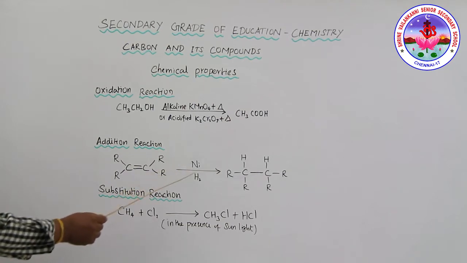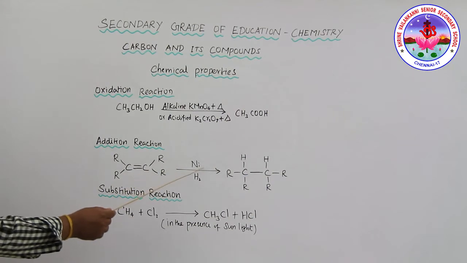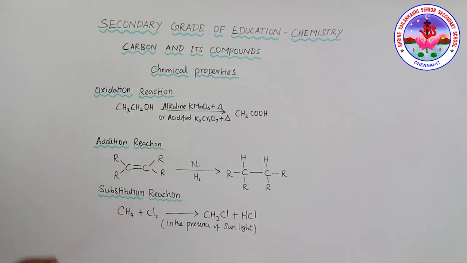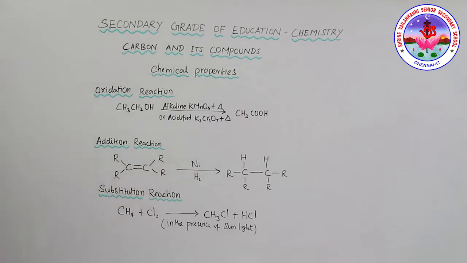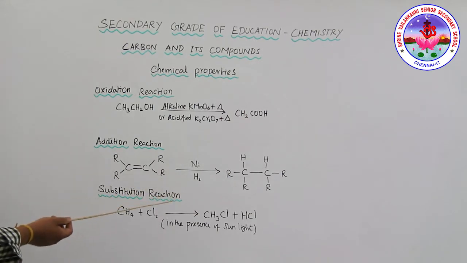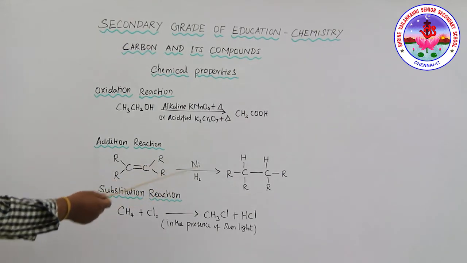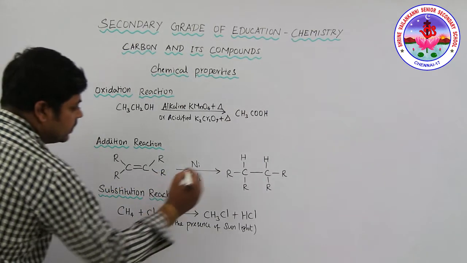That's why we are adding nickel. Nickel is a catalyst. Adding this catalyst, without any chemical change to it, gives the product. You can use nickel or palladium, which is also a catalyst.